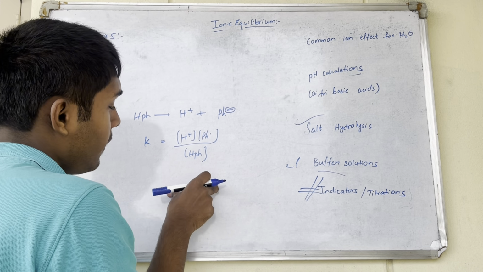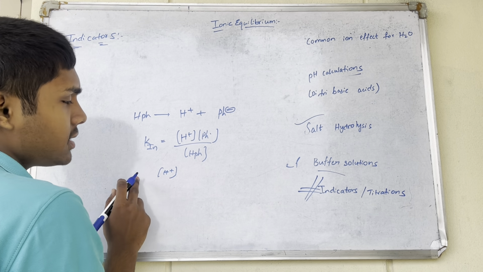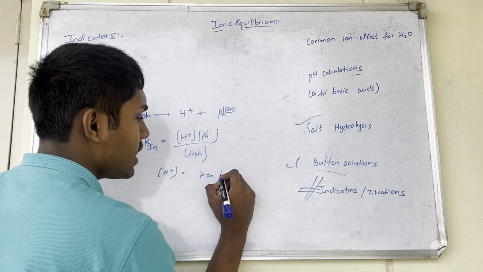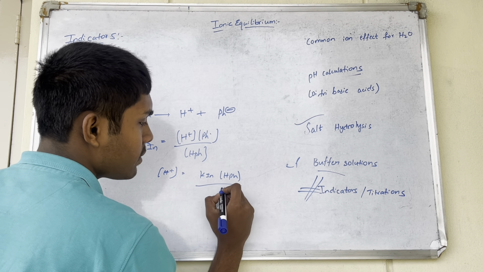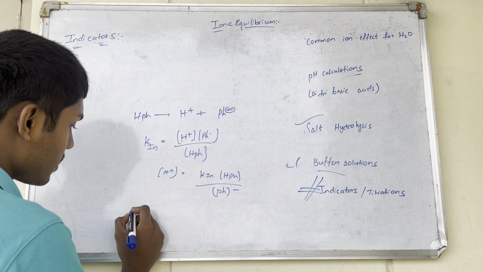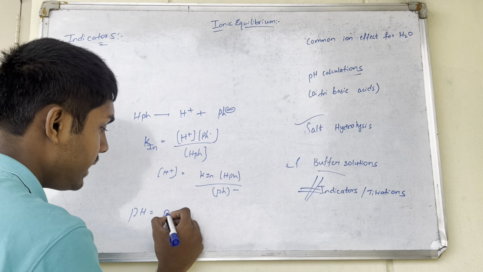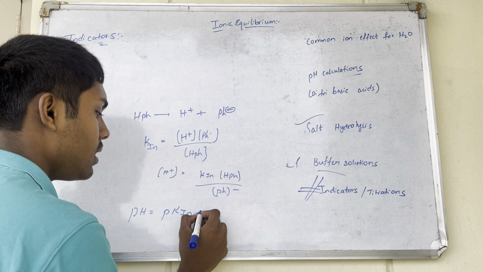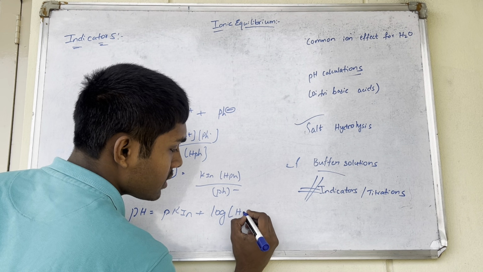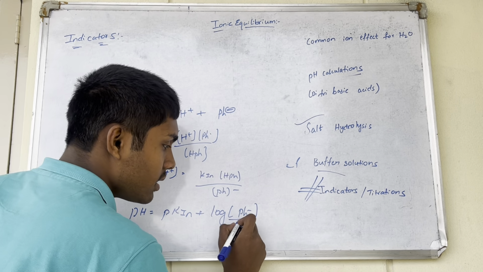From that I can write H plus equal to K_In, the dissociation constant of the indicator, times HPh by Ph minus concentration. Since I have H plus, I can find pH also. pH equals minus log of this, which is pK_In plus log of salt upon acid, that is, Ph minus upon HPh.